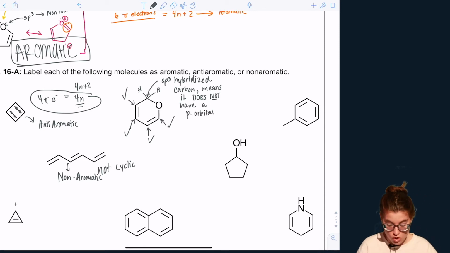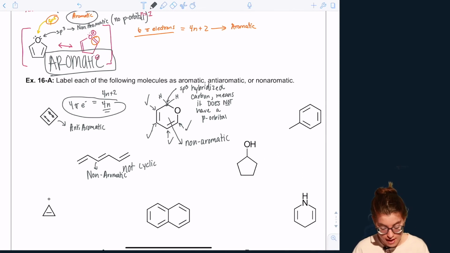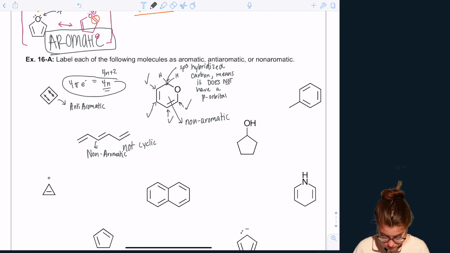All right, so this atom does not have a p orbital, which means automatically the entire molecule is non-aromatic, because we don't have p orbitals at every atom in the ring.